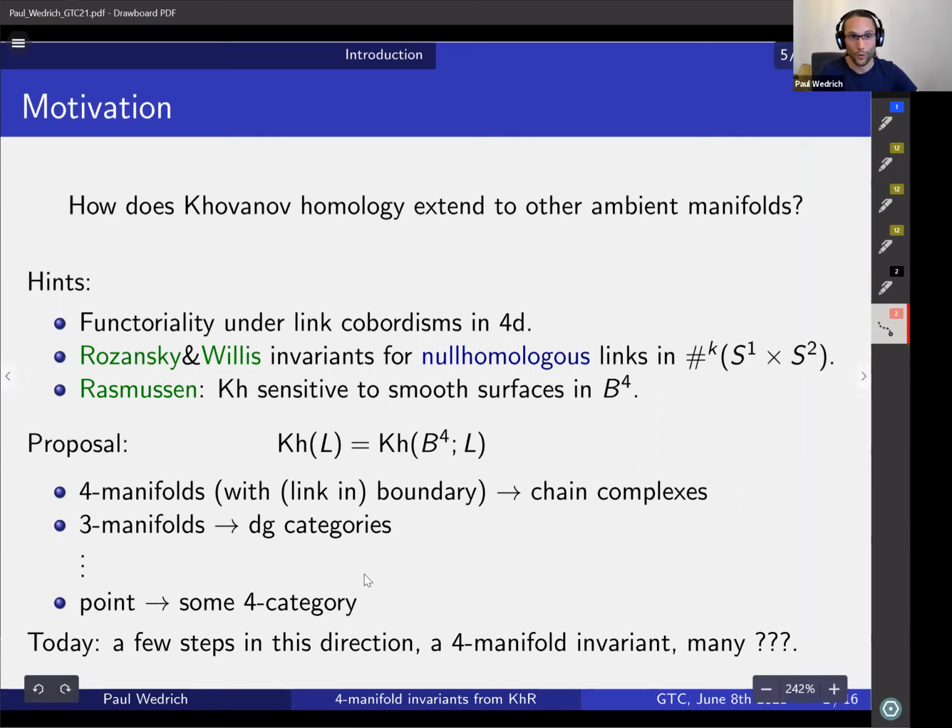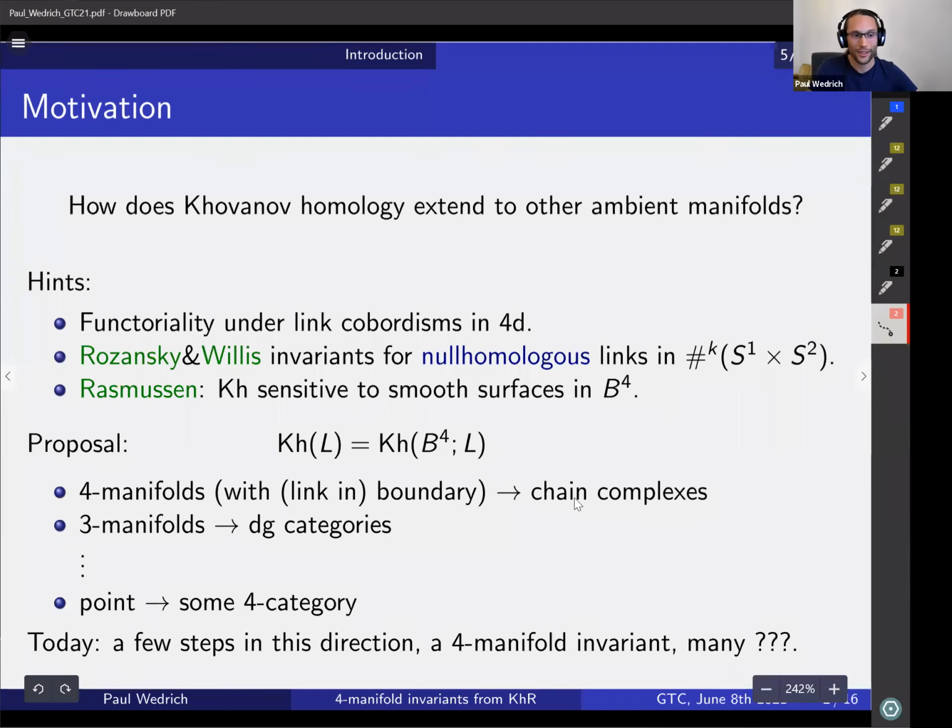So if something like this works, and I wouldn't claim that we're there yet, then this would exhibit Khovanov homology as somehow the main ingredient for a partially defined extended 5-dimensional field theory. I say 5-dimensional because topological field theories typically associate numbers, something like numbers, to top-dimensional manifolds.